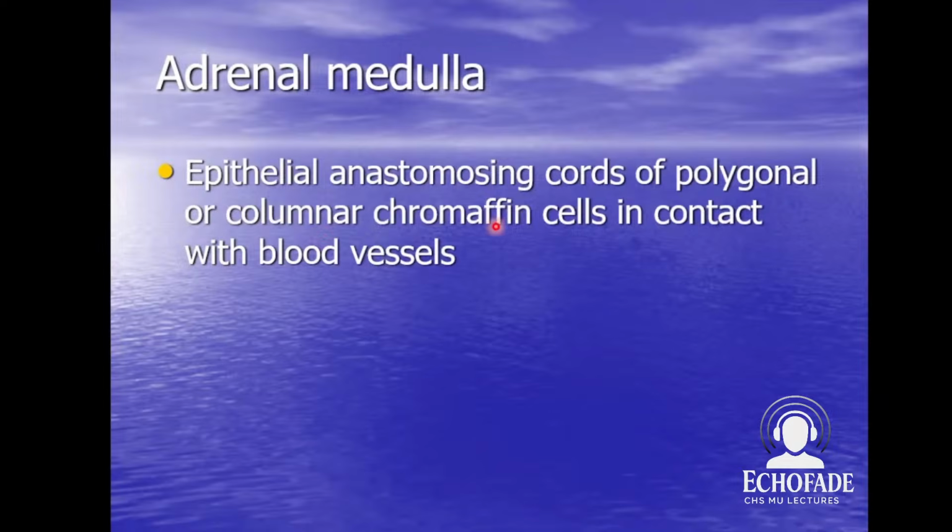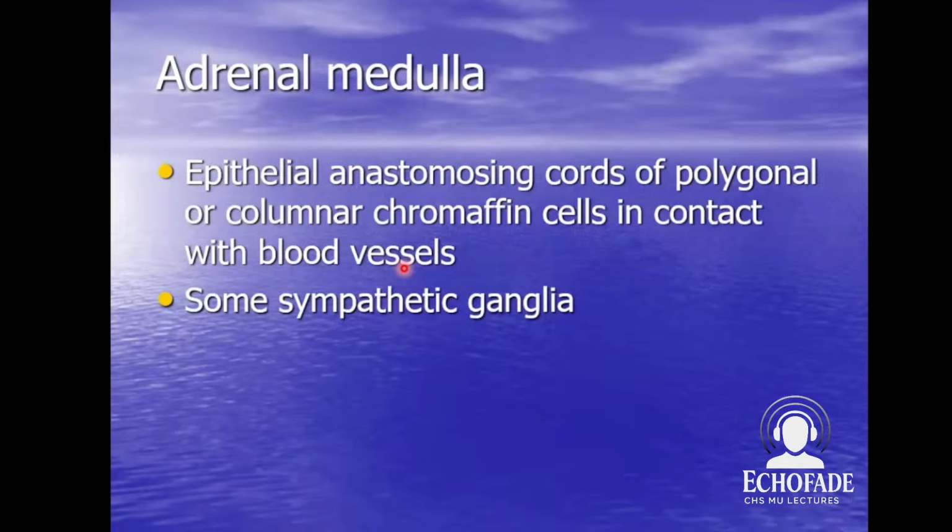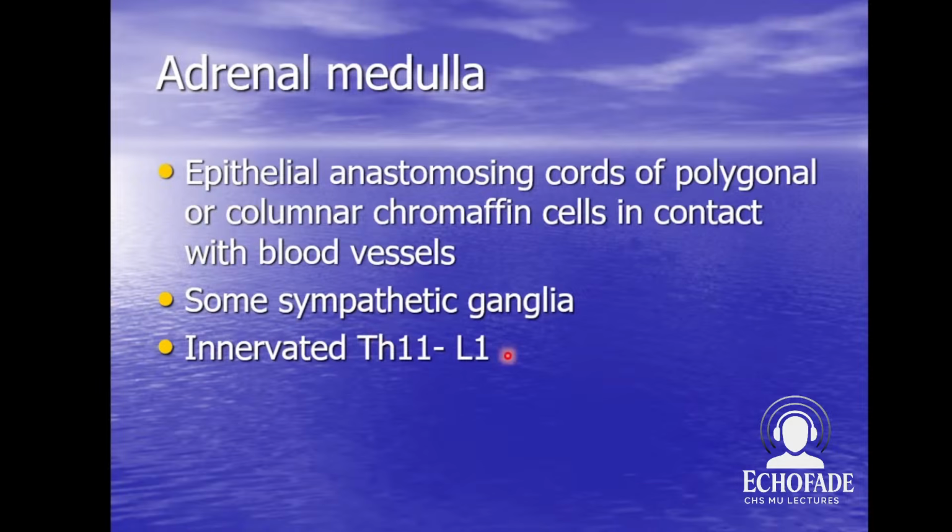So these columnar cells, which are chromaffin cells, are very closely in contact with the blood. Amongst those, we also have sympathetic ganglia, whose cells are thought to be modified postganglionic neurons of the sympathetic nervous system from thoracic segment 11 to L1.